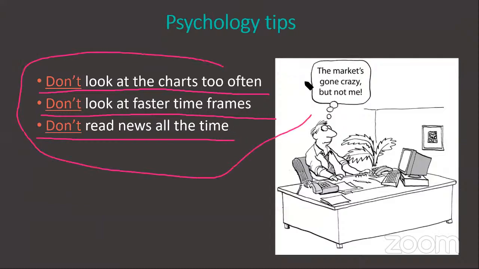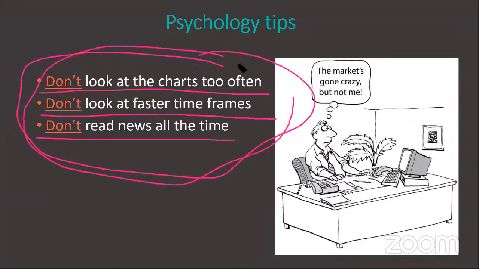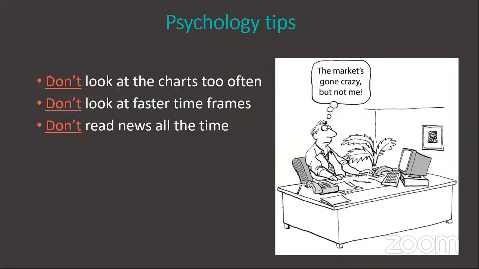Doing those things would only make you nervous and emotional, and being nervous and emotional usually negatively affects your trading plan. So don't do that. Those are the 3 tips on how to stay sane trading on high time frames like daily or weekly charts, doing long-term trades. That's how you stay sane.